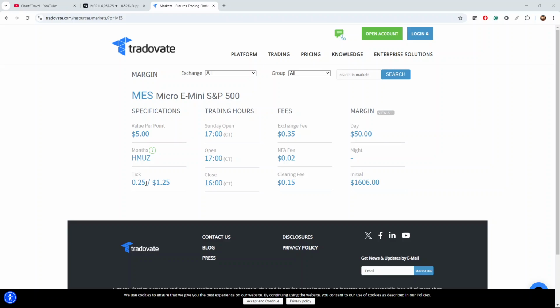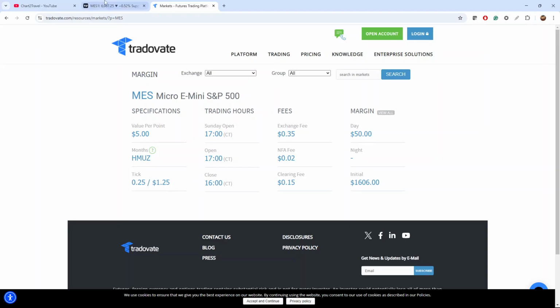It'll at least move 25 cents on the MES chart. It can't make a 10-cent move or anything smaller than that. It's going to be at least 25 cents every time price moves, and the measurement for that is $1.25.